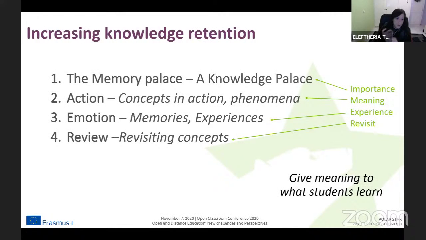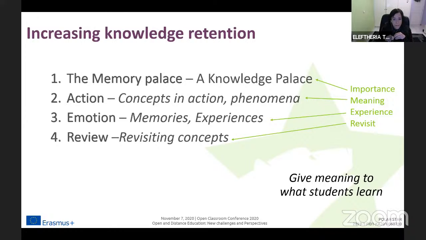So to sum this up before I continue, we had two questions at the beginning. One was, what is really important to teach? Second was, how do we make knowledge stick? How do we increase knowledge retention? And we discussed that there are four basic elements that we want to deploy in order to increase knowledge retention. And that is by making sure that what we teach our students is important to them.